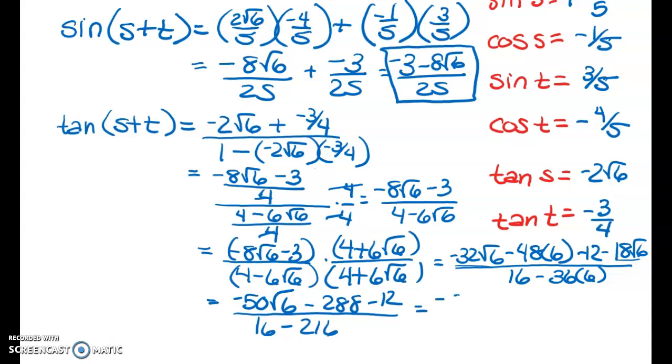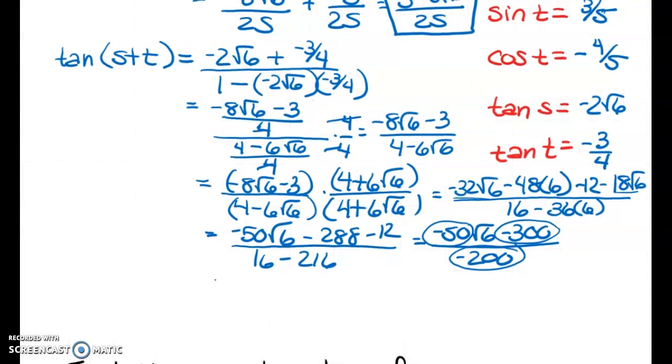So this is going to be a negative 50 radical 6, and then a negative 300, all over a negative 200. Well, what goes into all of these numbers? I would say a nice 50 does, a negative 50. So let's divide everything by a negative 50. If I divide by a negative 50, I'm going to get radical 6 plus 6 over 4. And that will be my final answer.